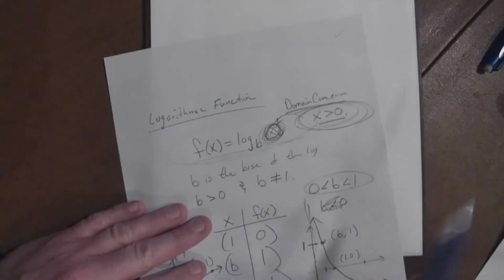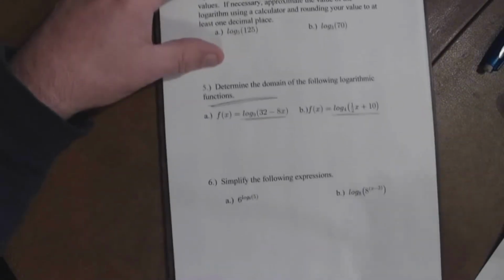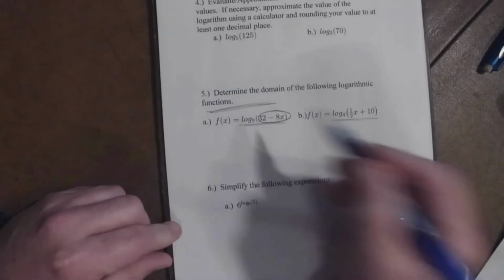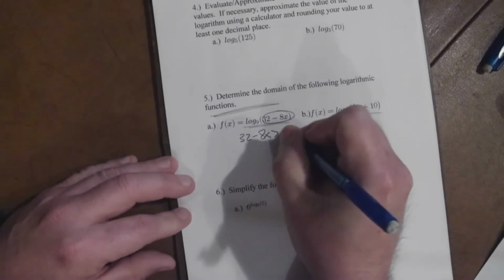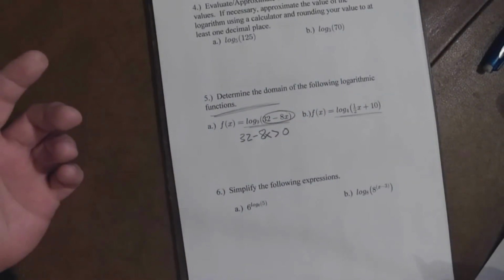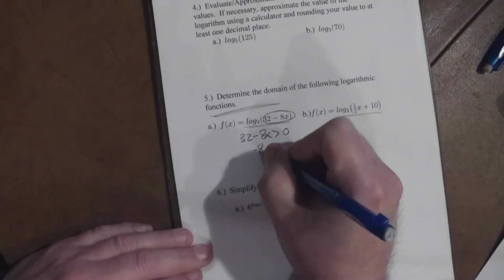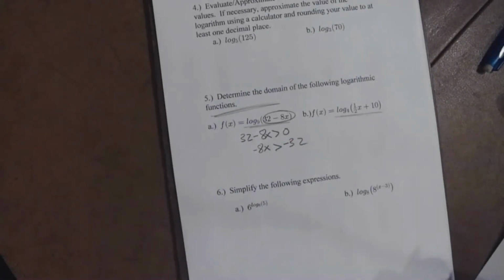That argument has to be greater than 0. So in this first case, that argument is described by 32 minus 8x. 32 minus 8x must be greater than 0 in our domain, which does imply that if we subtract 32 from both sides, negative 8x would be greater than negative 32.